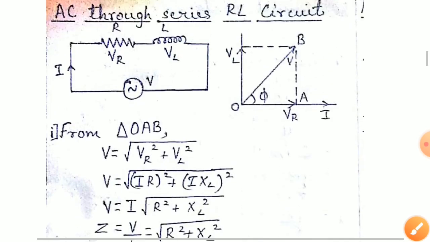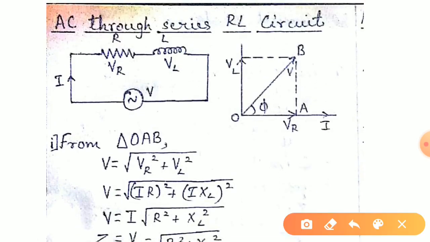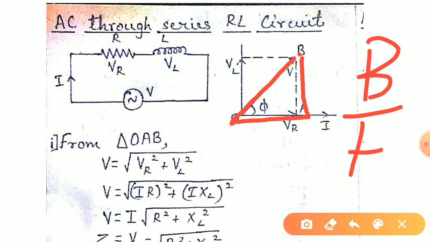Now if we talk about power factor, that is, we will have to calculate cos phi. So from this right angle triangle, once again we will find cos phi. Cos phi is base by hypotenuse.